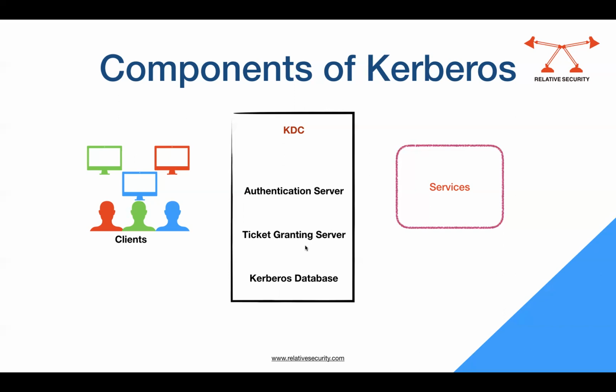KDC has three components: authentication server, ticket granting server, and Kerberos database. For now, do not worry about these three different components. We will discuss them in detail. Now, implementation of the KDC may differ from system to system, but the main components will be authentication server, ticket granting server, and Kerberos database.